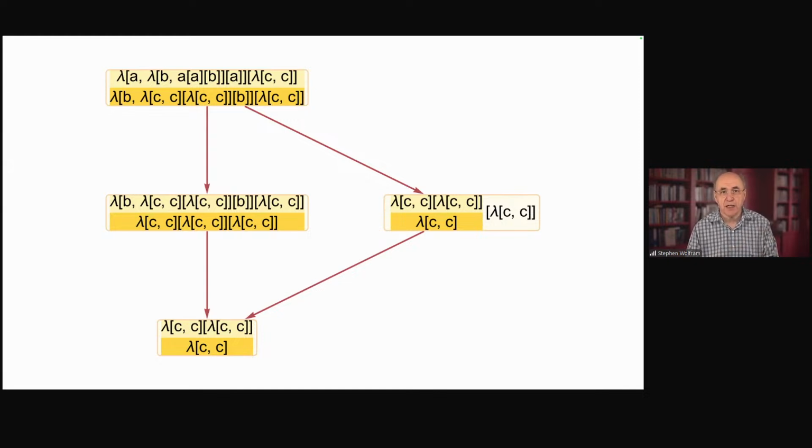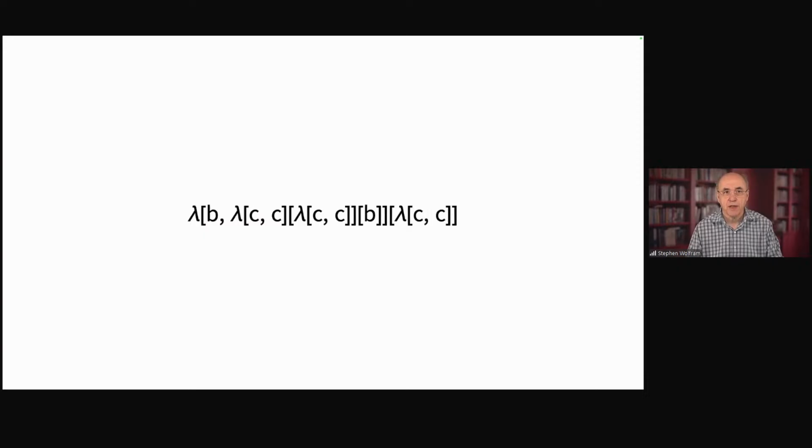So in this particular case, the first event, i.e. the first beta reduction, leads to this particular expression, in which there are two reductions that can be done, for lambda of B and for the first lambda of C, but these reductions are completely independent of each other.